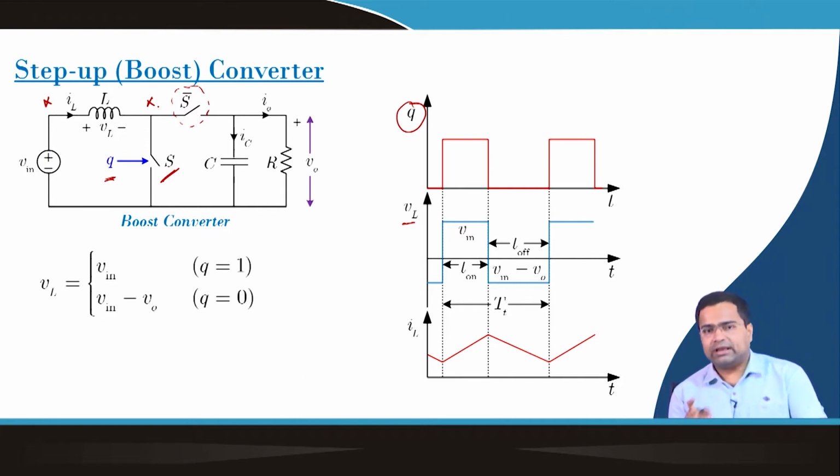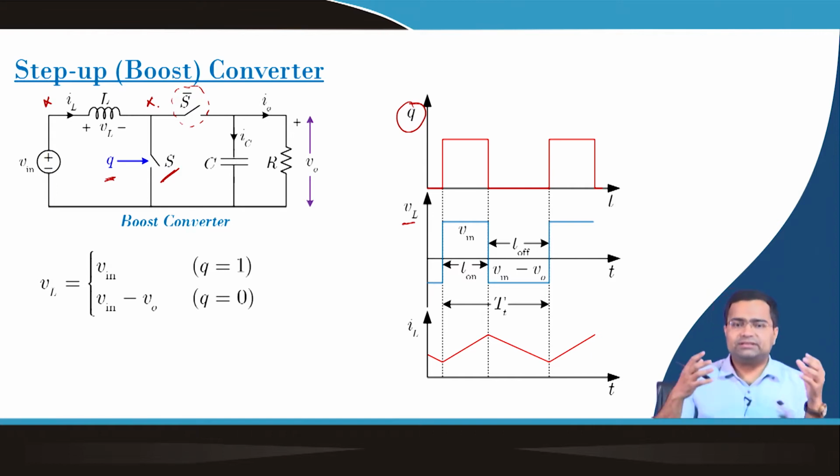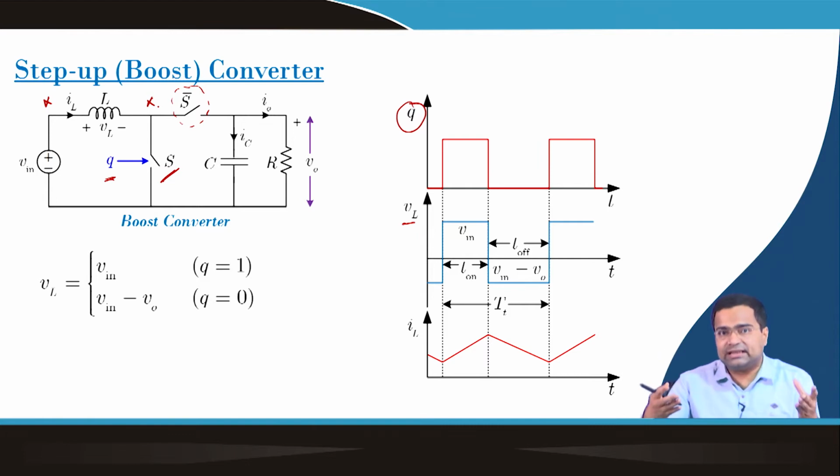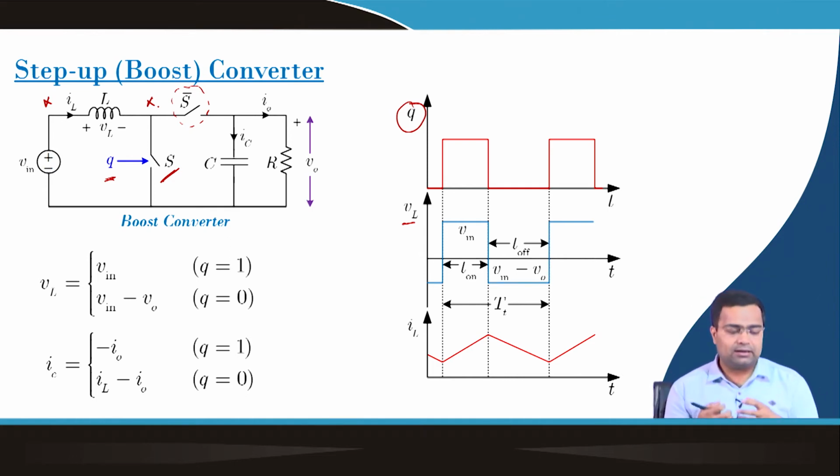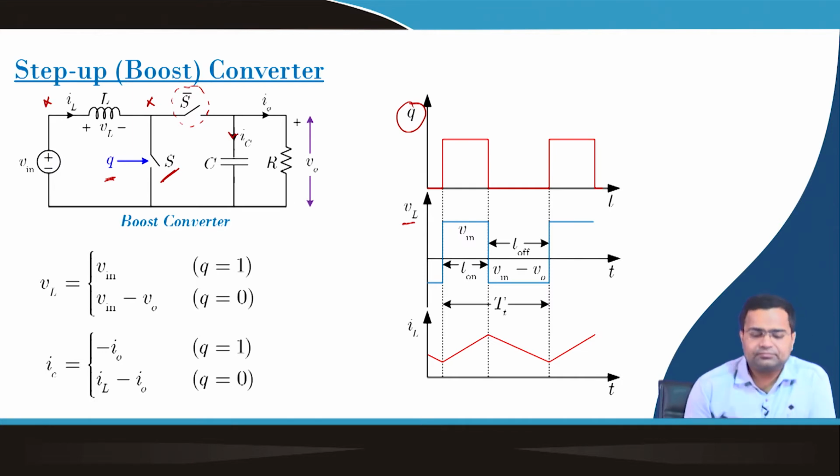Now, we can write down the inductor voltage equations at different switch states, when Q equal to 1 and Q equal to 0, and accordingly we can write the capacitor current. But interestingly here, if you look at the capacitor current, when the switch S is on, then the S bar switch is off.